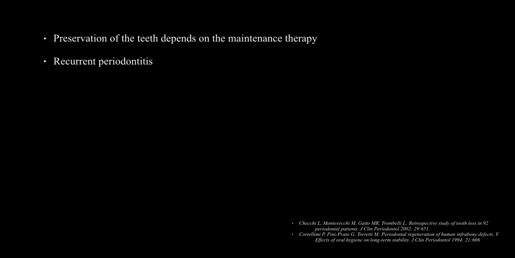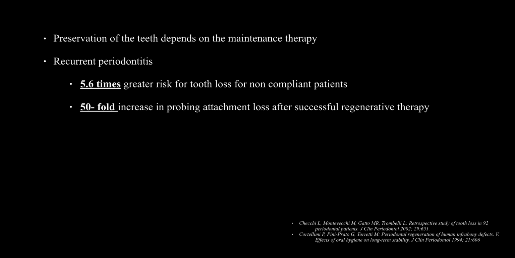Also, another problem is recurrent periodontitis, which is a 5.6 times greater risk for tooth loss in non-compliant patients. And here we have to highlight the importance of motivation and dealing with patient compliance, because this is one of the major causes of recurrence of periodontal disease.